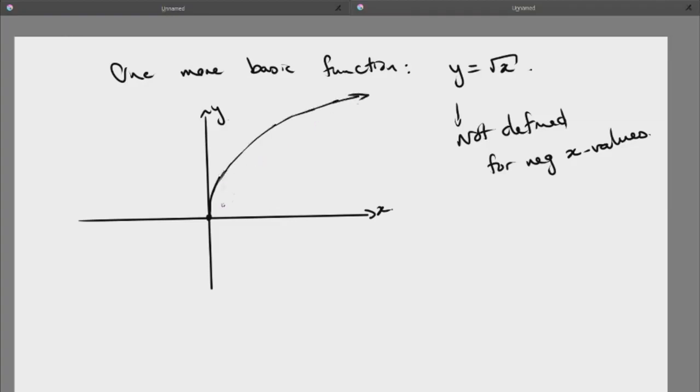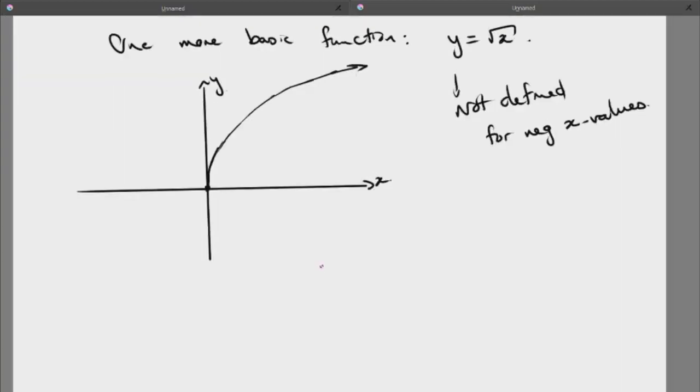Well, it's exactly a sideways parabola, just half of it. We're only looking at the function defined as the positive square root. So I get something a little bit more interesting, not complicated, just more interesting in that it's not defined for every x value, and it's a little bit of a different shape.